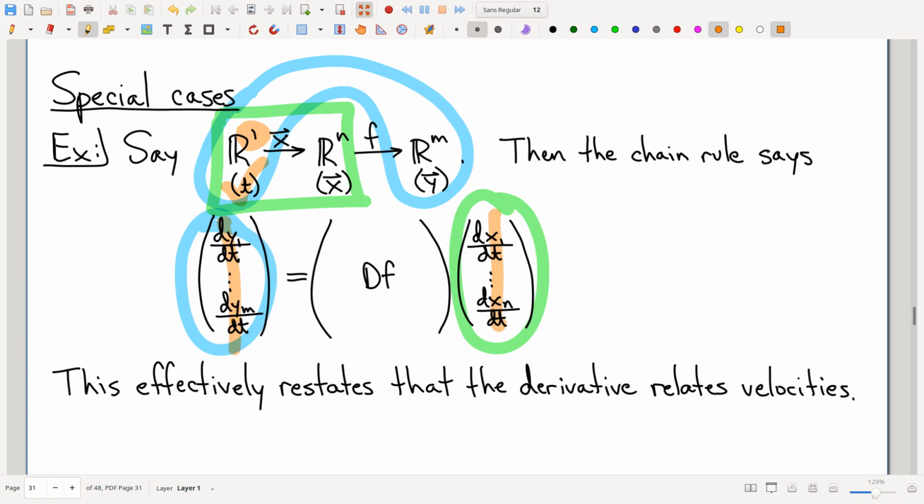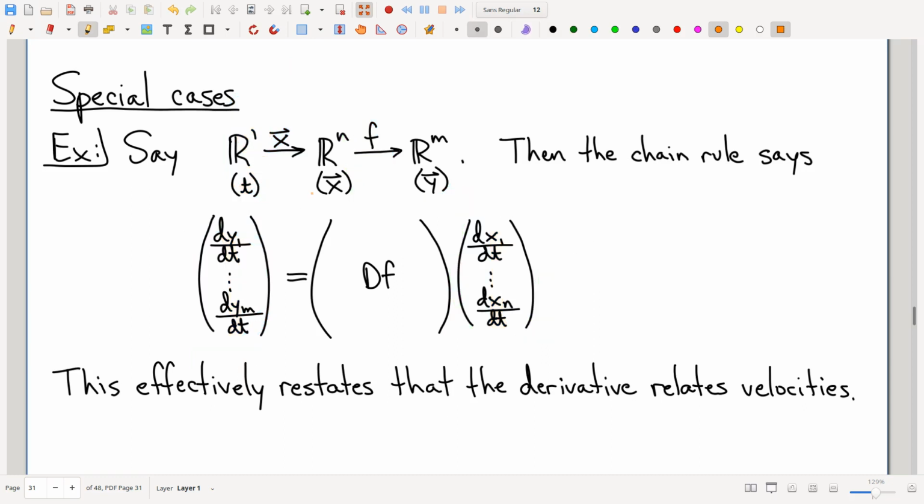This too is a velocity of that parametric curve in the y space. So the way I like to think about this is that this represents a velocity vector in our Rn space, and this represents a velocity vector in our Rm space.